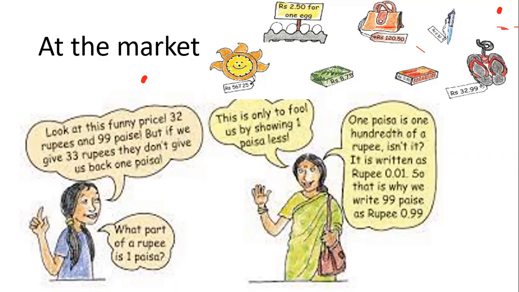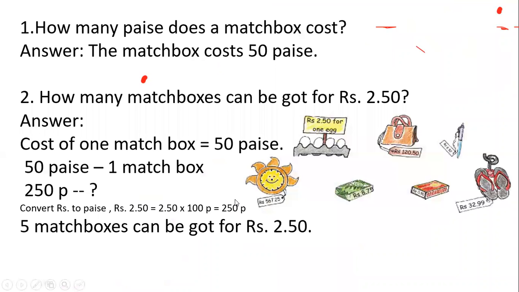So different prices in decimals are also possible. Have you ever observed this? The cost of a particular thing may not be in perfect values, but in decimals, in paise also: 50 paise, 25 paise, 30 paise.